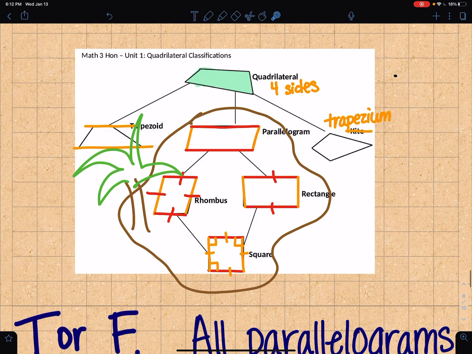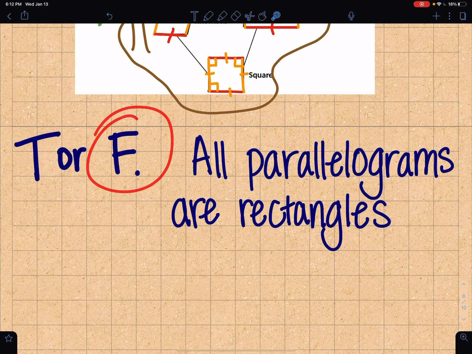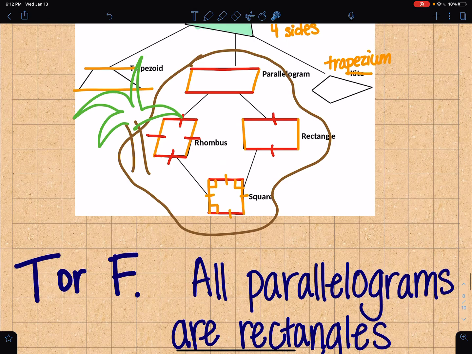So, I'm going to say that this is false because a rectangle is a special type of parallelogram, but some parallelograms are not rectangles. And since not all parallelograms are rectangles, that means the statement is false.